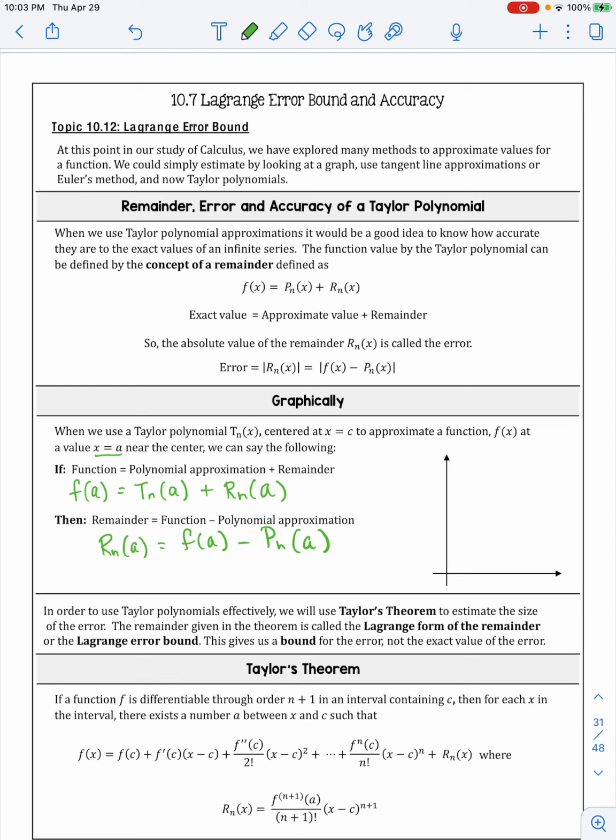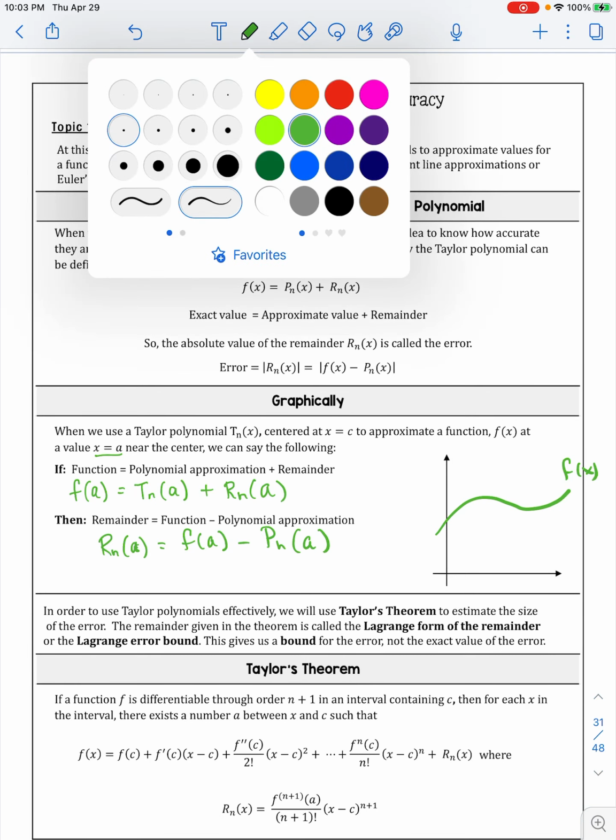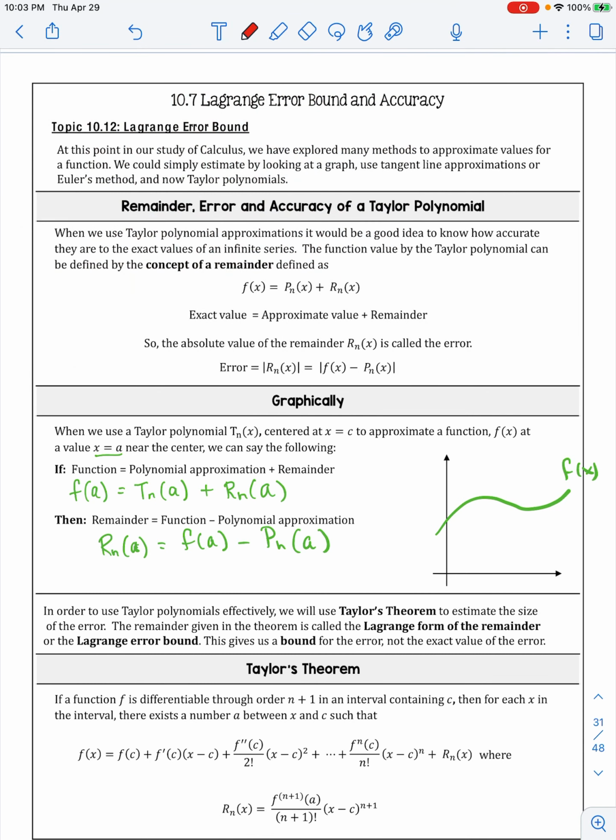Then the remainder, R sub n of a, is equal to my function's value minus the polynomial approximation. All you're doing is rearranging those, because your remainder is what is left over, basically your error, your exact minus approximate.